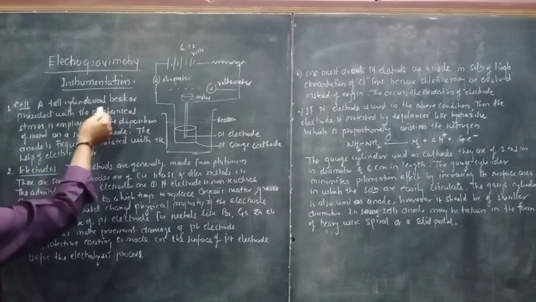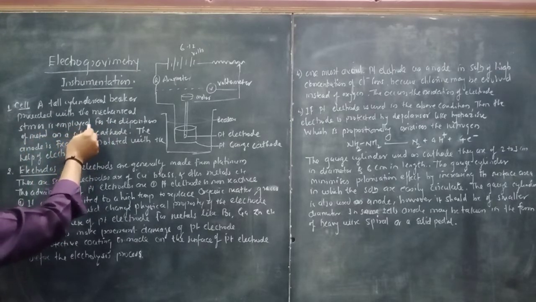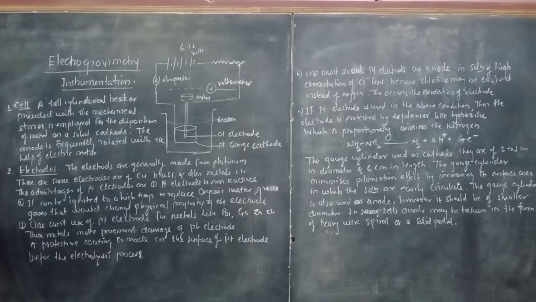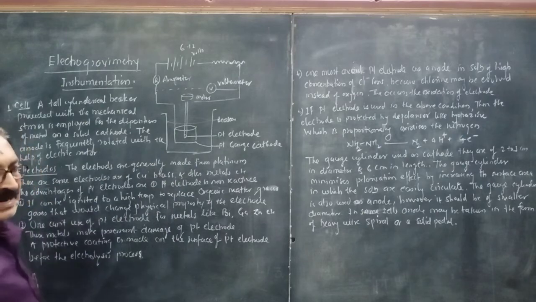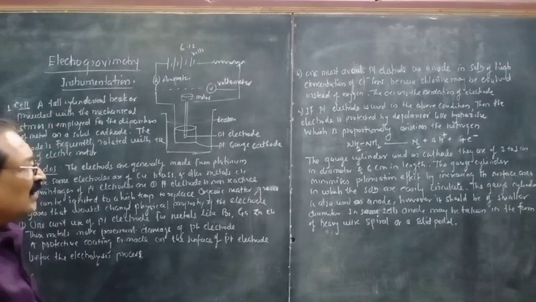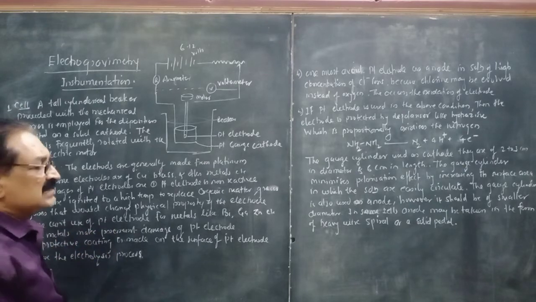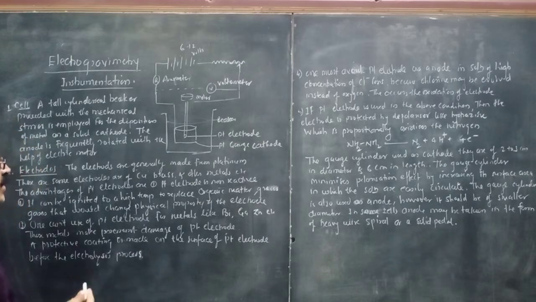A tall cylindrical beaker provided with a mechanical stirrer is employed for the deposition of the metal on a solid cathode. Here, the metal is present in the form of electrolyte, and the stirrer goes on rotating.